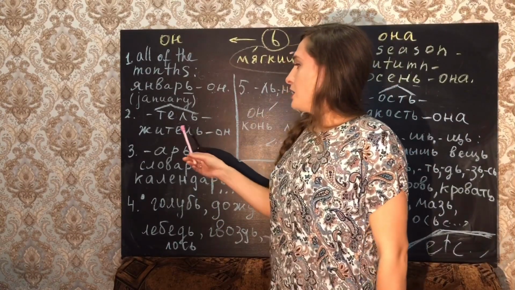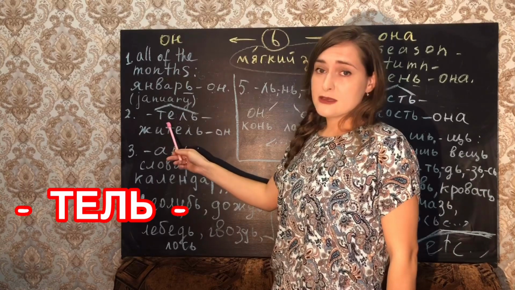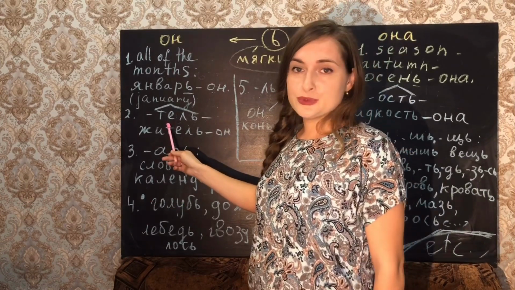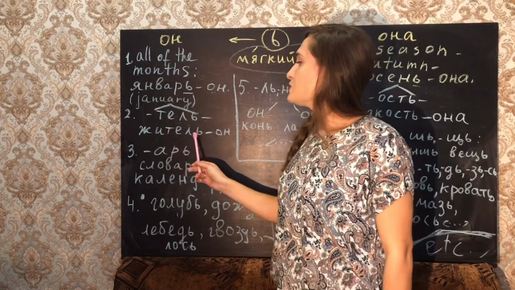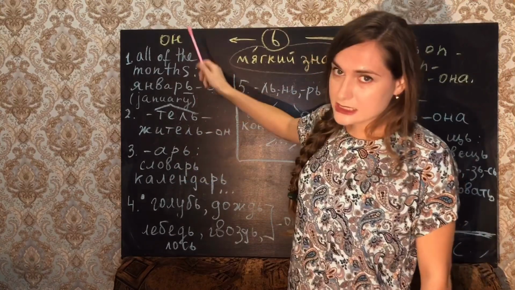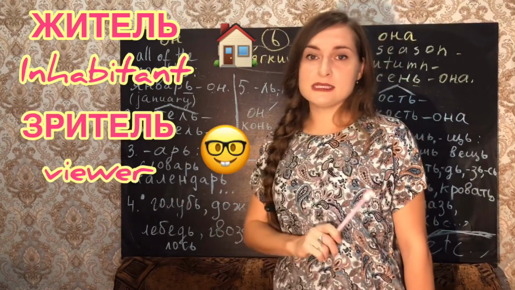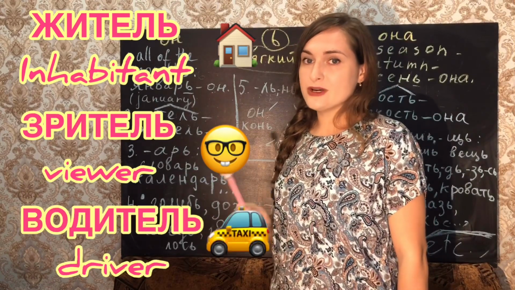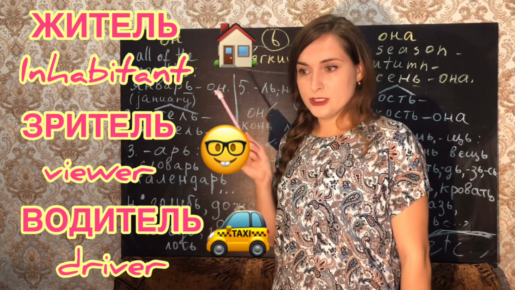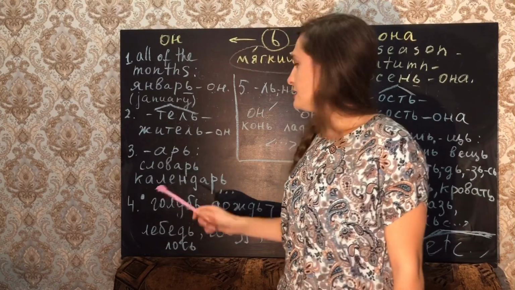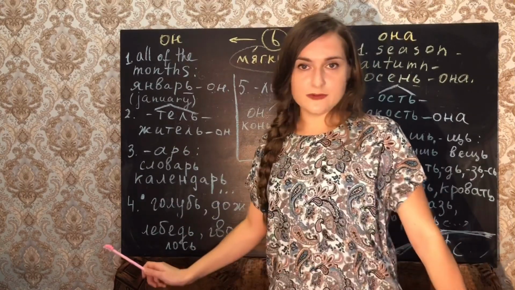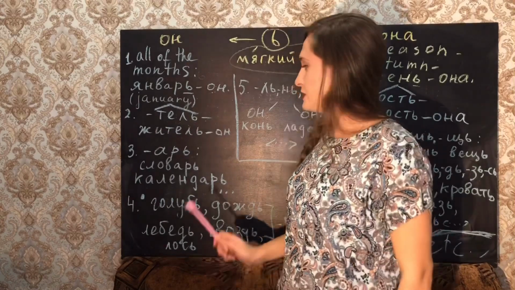So, the suffix тель can help you to define that this word is exactly in masculine form. Житель, он, зритель, он, водитель, он. If you hear or see, you read, that it's тель, definitely it's он, him.